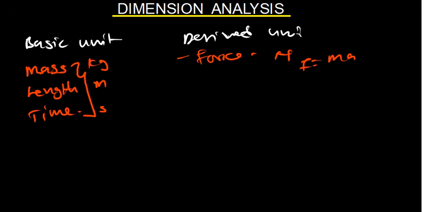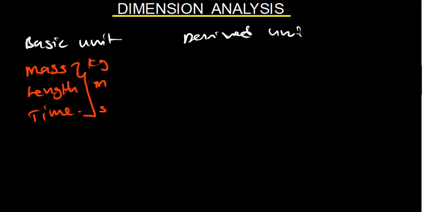Acceleration is the change in velocity divided by time, and change in velocity is in meters per second. So as you can see, it is the combination of the mass, the length, as well as the time. Derived quantities are quantities which we can get from the basic ones.